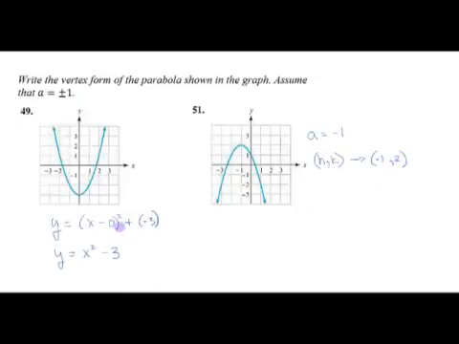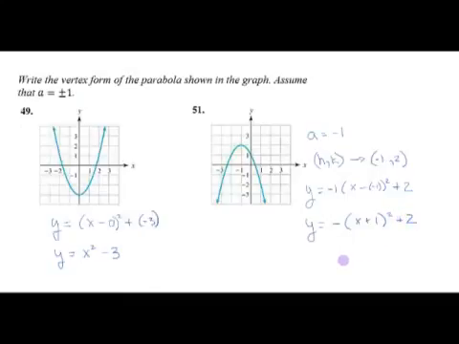So I can put it right into my standard form. y equals a times x minus h quantity squared plus k. And of course I want to simplify inside that set of parentheses. We can write y equals simply a negative x plus 1 quantity squared plus 2.